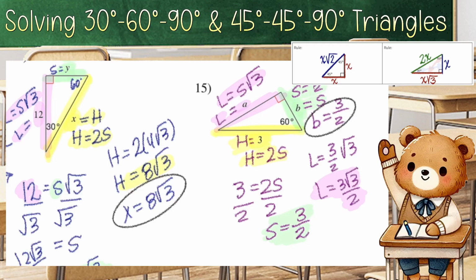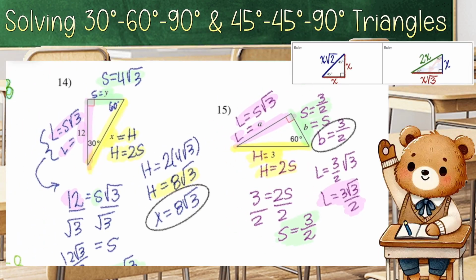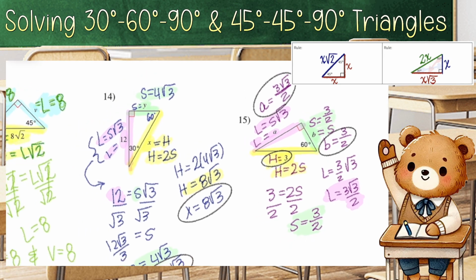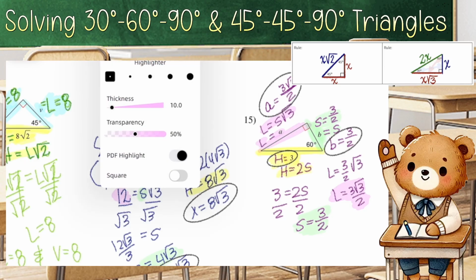So I could also just say then that A, maybe I have to zoom out a little bit again. So A is equal to 3 root 3 over 2. Okay, got that one. And that one right there. And there you have it, ladies and gentlemen.